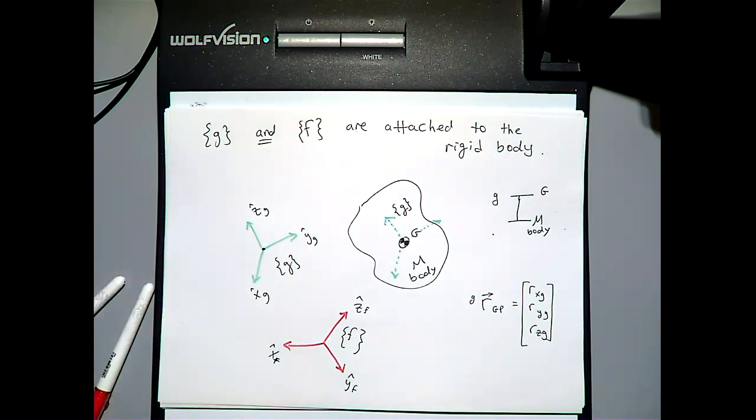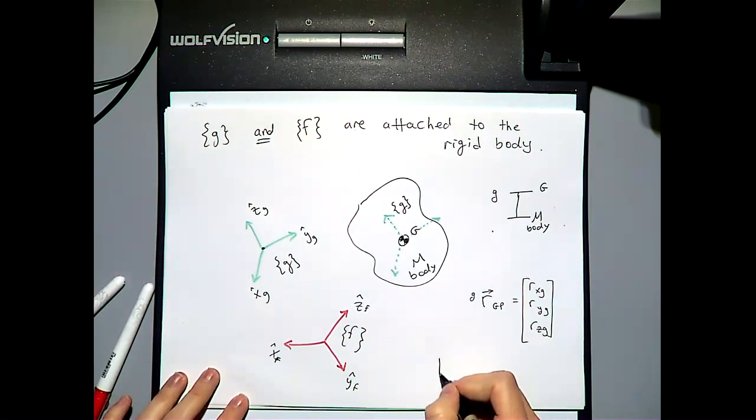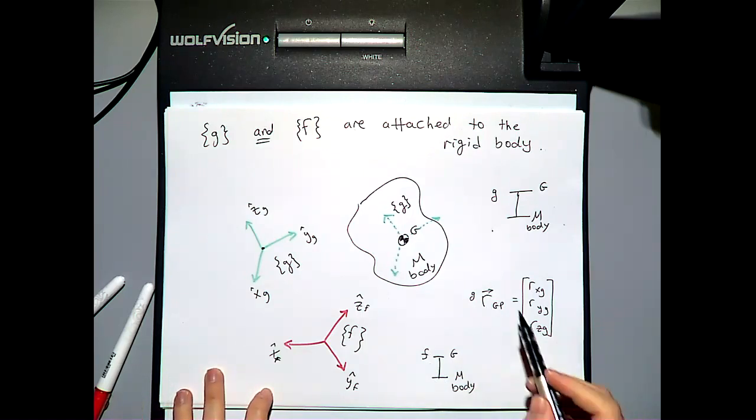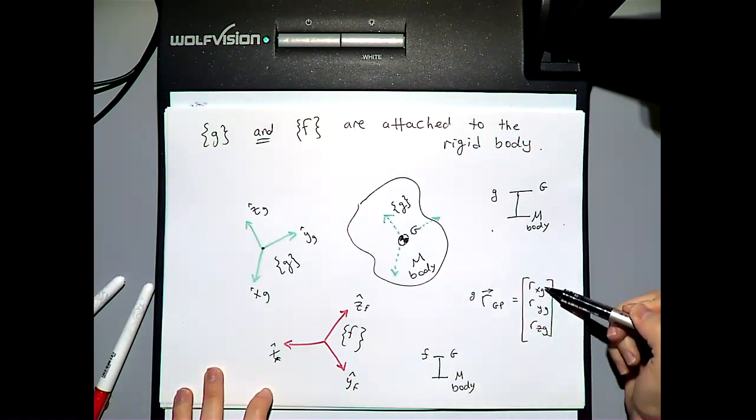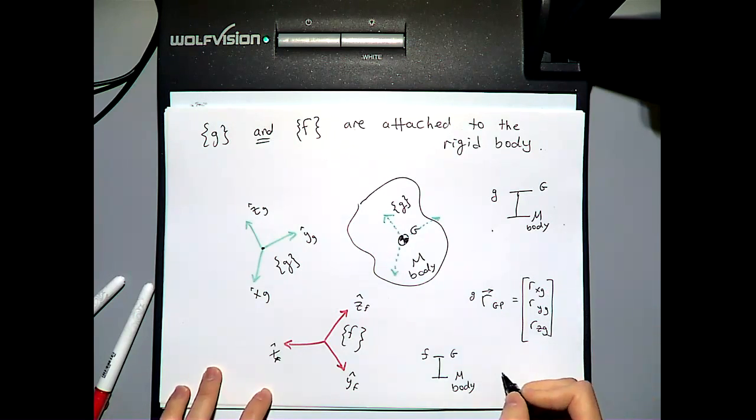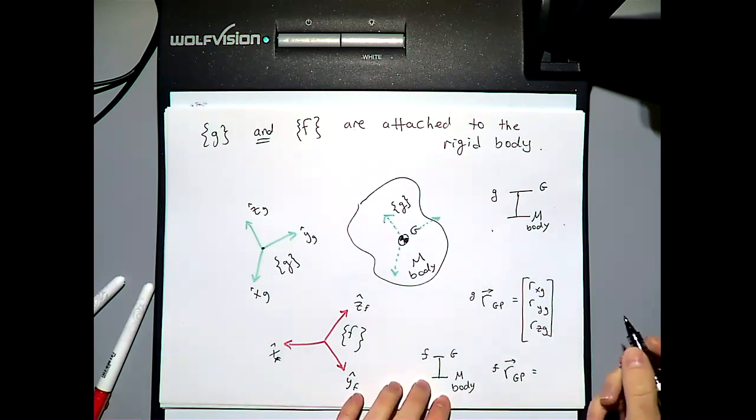So if you wanted to calculate I for this body M about the same point G in frame F, you would have different components for this vector. So you would be using RGP in frame F as something else.